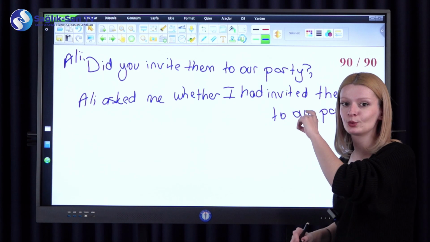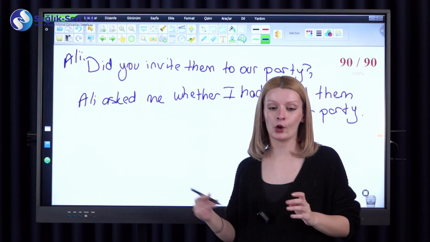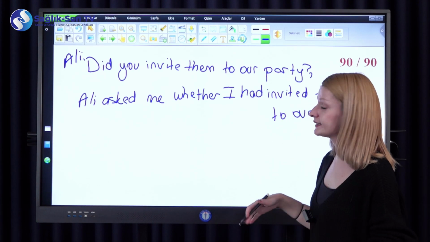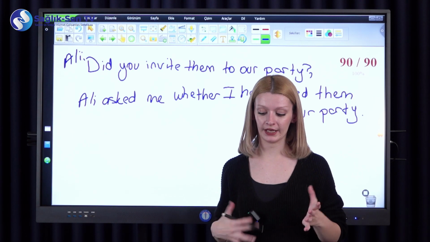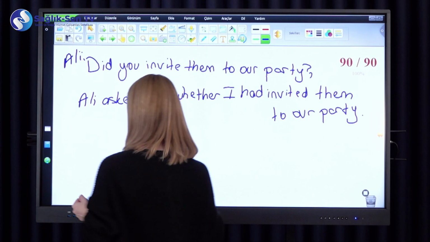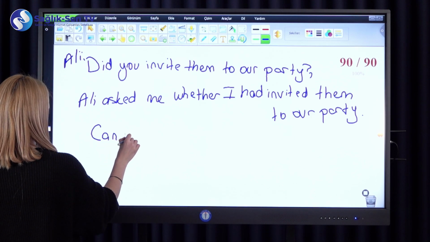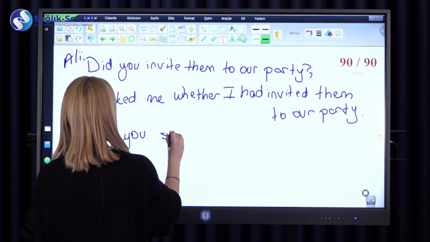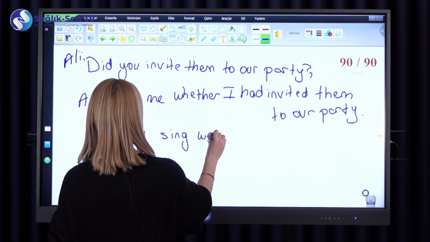Now, this sentence was built with past tense, so I recreated it using past perfect in reported speech. "Can you sing well?"